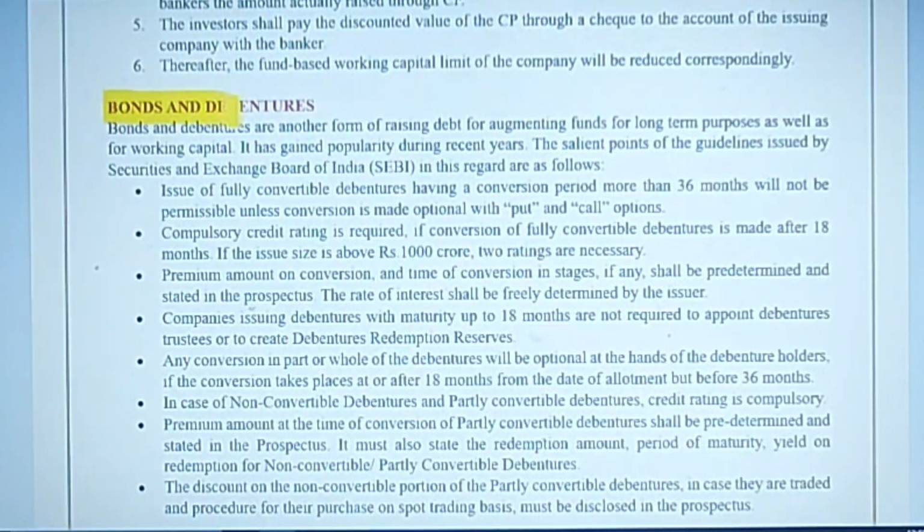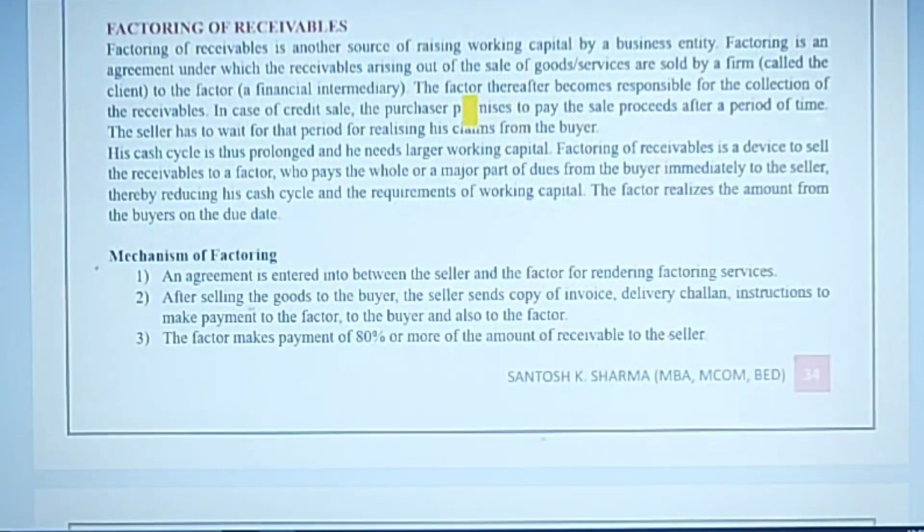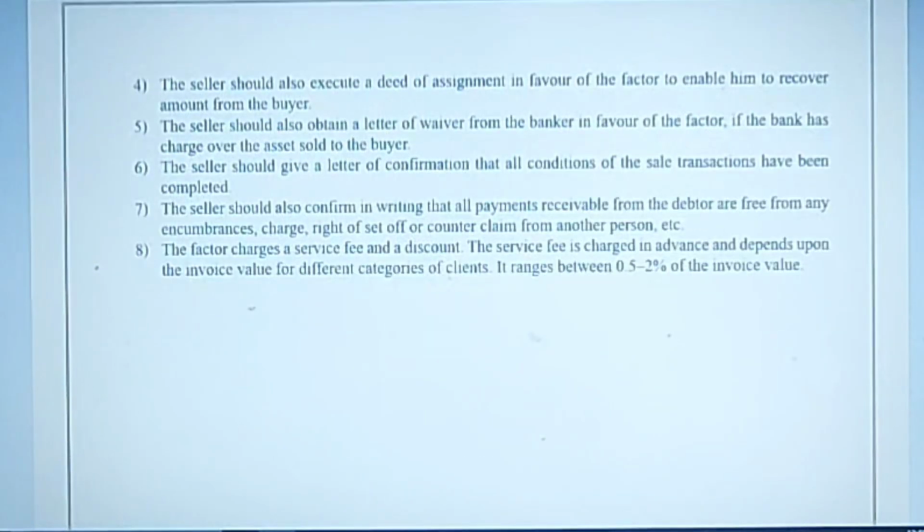Then we have bonds and debentures. These are debts or loans taken by the company. Here also, what are the different eligibility criteria and how the firm can take loans on this. Then factoring of receivables. This is again a short-term source of finance for the company. Its mechanism, how factoring works.